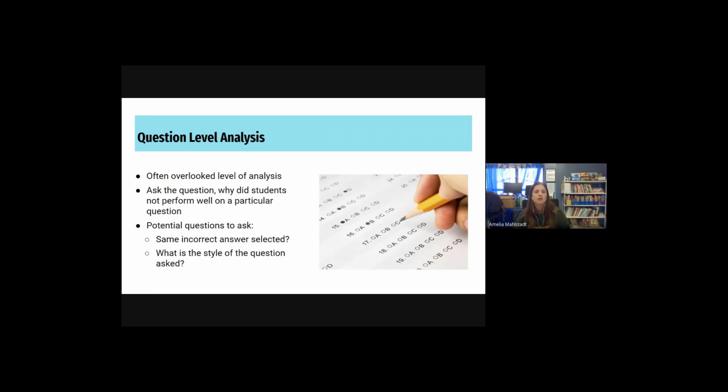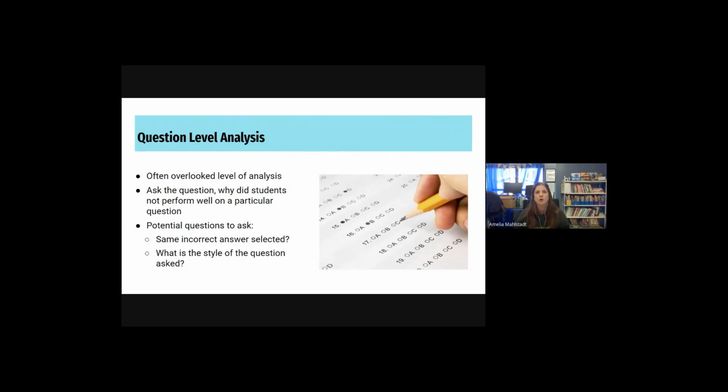Maybe there's a question where less than 50% of your class answered correctly. What was the incorrect answer across the class? How can we use that incorrect answer as data to help us analyze what was the misconception that students had, and how can we move forward and make a plan to meet them where they're at?